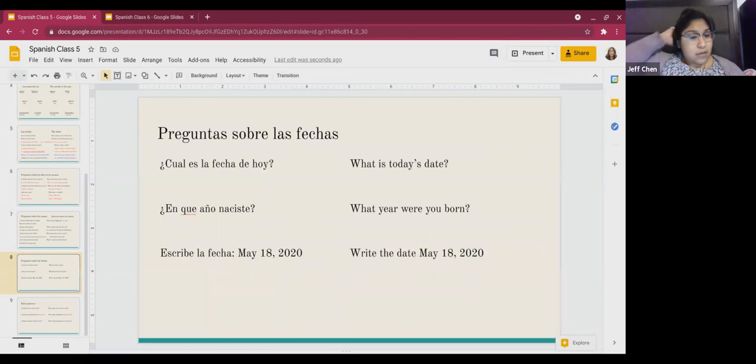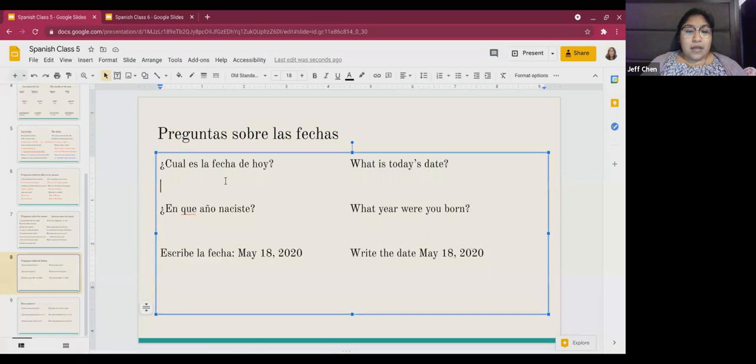Now the next one. These were just extra questions that I learned this time. Okay. This one we already answered. ¿Cuál es la fecha de hoy? Hoy es el 3 de marzo de 2021. Right? Okay. ¿En qué año naciste?